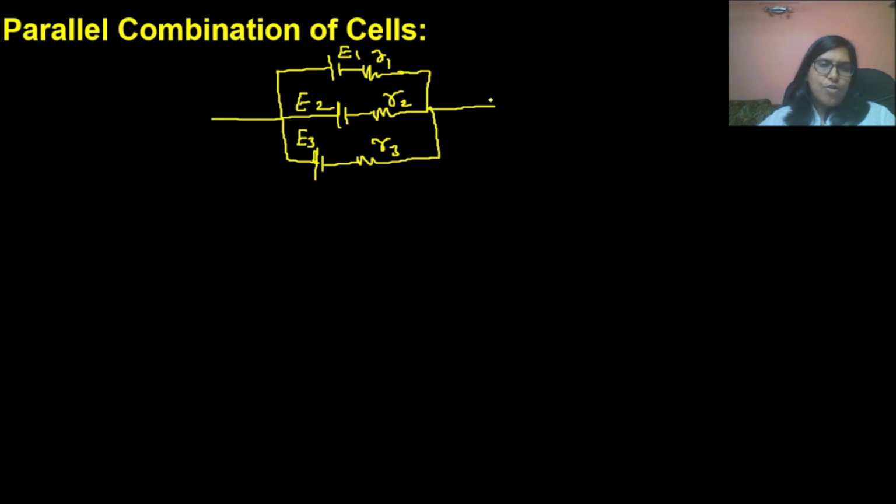Right, so the voltage across all cells will be the same here.